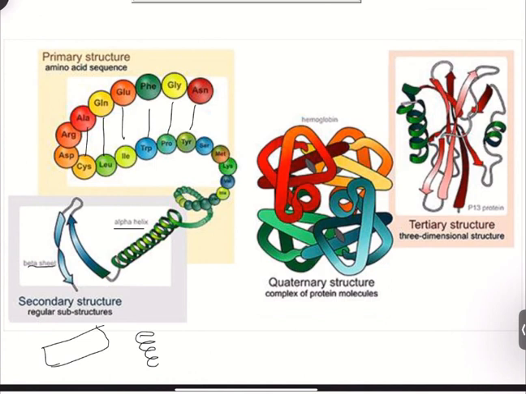Next is your tertiary. Let's go first with your tertiary. This is a three-dimensional structure. Okay, combined. You can see here your secondary or alpha helix and another secondary you have the beta sheet.